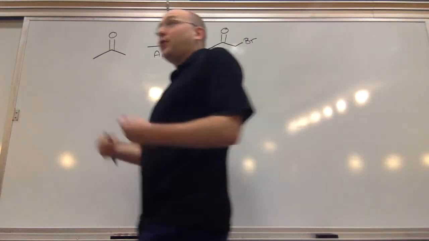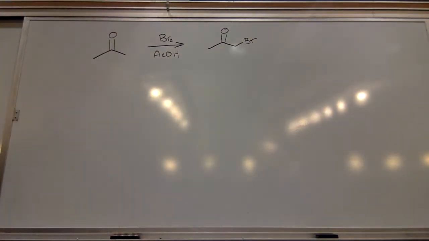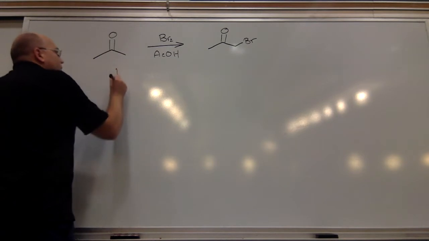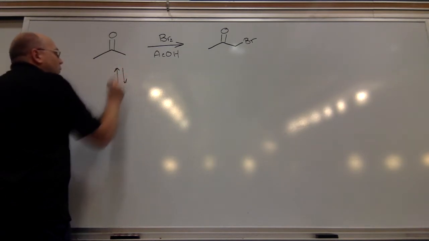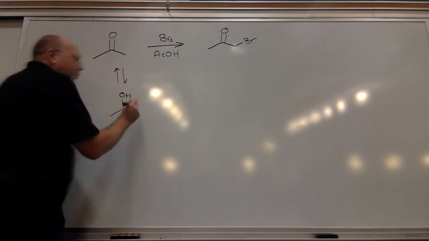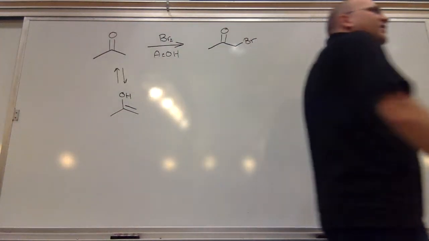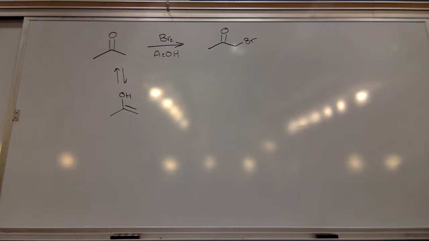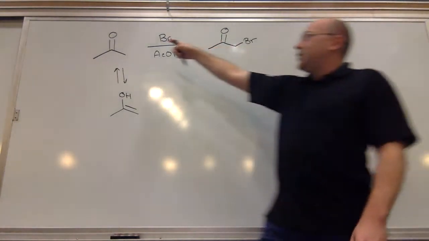Yeah, so the first concept of this is keto-enol tautomerization. We know that the ketone will go through keto-enol tautomerization, and this is part of the reason why I put the acetic acid in there. It can be used as a proton source to go from here to there.